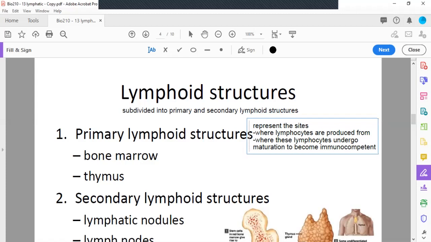The two structures that make up the primary lymphoid structures are the bone marrow and the thymus.